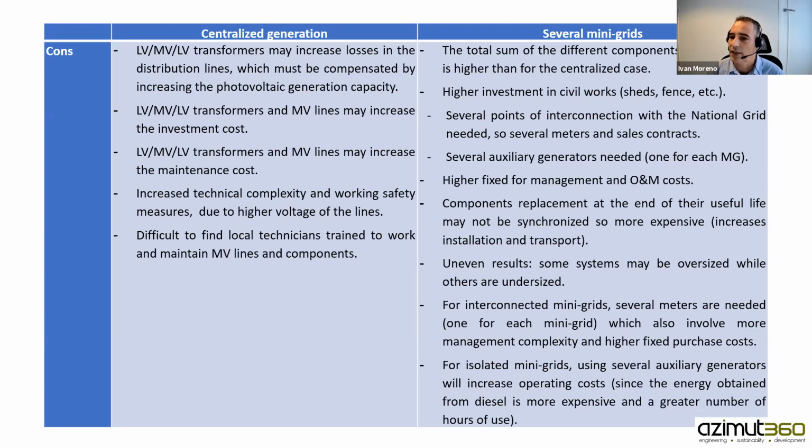And then for isolated mini-grids, using several auxiliary generators will increase operating costs, as we have seen, since the energy obtained by the diesel is more expensive and a greater number of hours of use means higher operating costs compared to the centralized model. So these are mainly the cons, the weaknesses of these two different models.